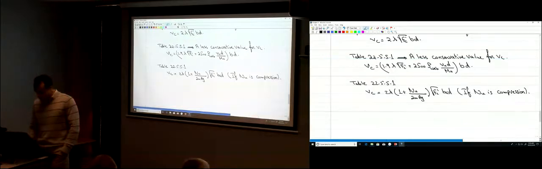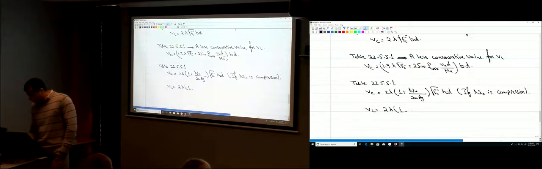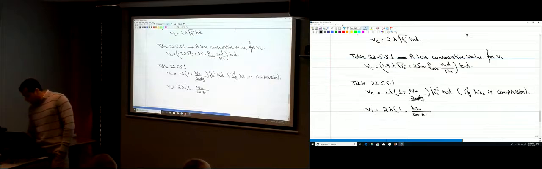It depends on how much the normal force is. And it's equal to 2 lambda multiplied by 1 minus Nu divided by 500 Ag, with the 2000 on top here, bd, if Nu is tension.